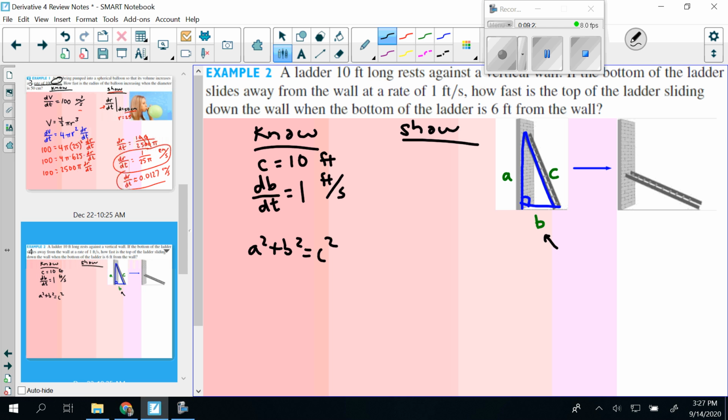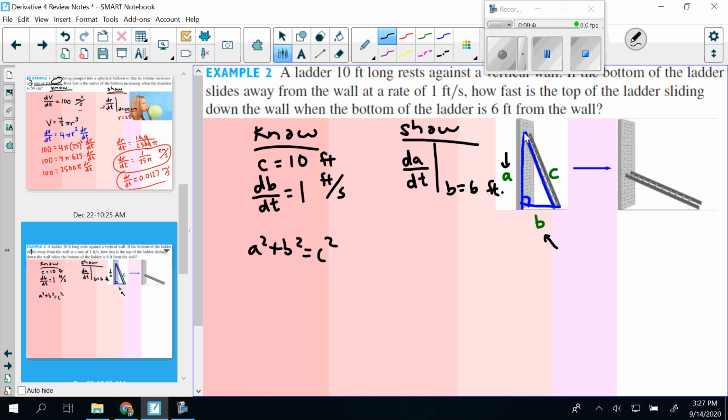How fast is the top of the ladder sliding down the wall? That's a rate. They want us to find dA dt there, because down the wall we got listed here as a. So we want to find dA dt when the bottom is 6 feet from the wall. So when the bottom is our b here, when b equals 6 feet.